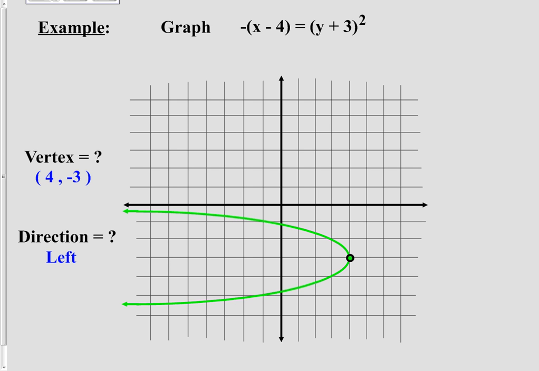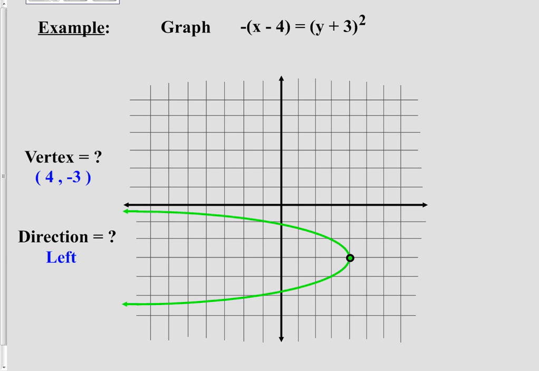As you move 2 units to the side of the vertex, that moves basically 4 units in the opening of the parabola. So you should be able to get a basic opening width without it being way too skinny or way too wide. So that is the conic section version of how to graph parabolas.